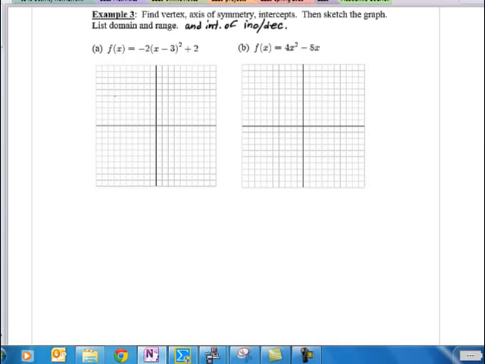The first one is in the form where we can actually use the shifts and the transformations really easily.